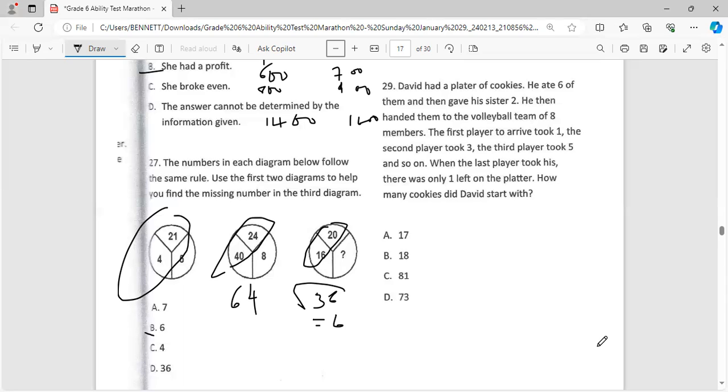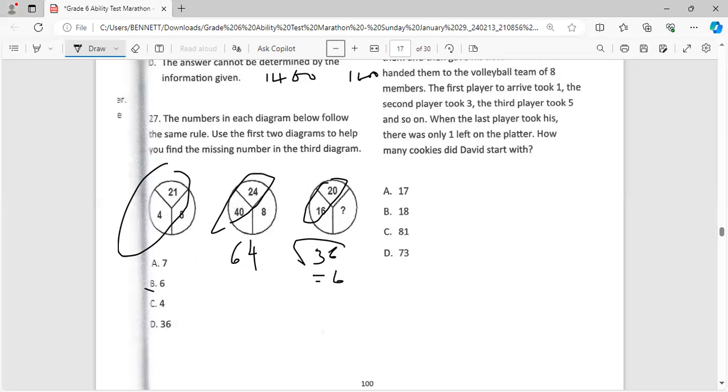The square of 8 is 64 and 4 plus 24 equals 64. The square of 6 is 36 and 20 plus 16 is 36. Oh yeah, man. That's what we did.